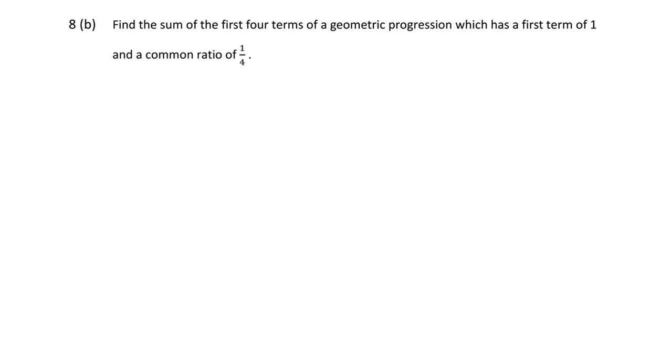First let us recall the formula to find the sum of a geometric progression, which says sum equals g1 times, in brackets, r power n minus 1 over r minus 1, where g1 equals the first term, r equals the common ratio, and n is the number of terms. From our question, g1 is 1, the common ratio is 1 over 4, and the number of terms is 4.